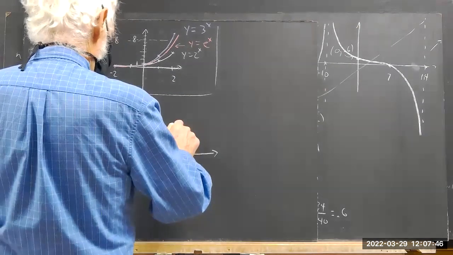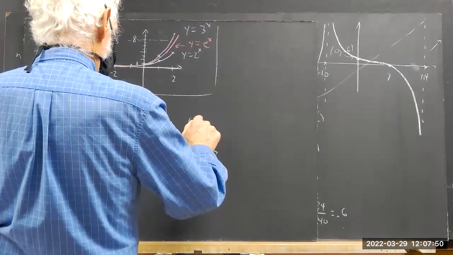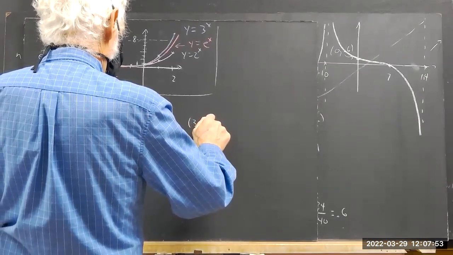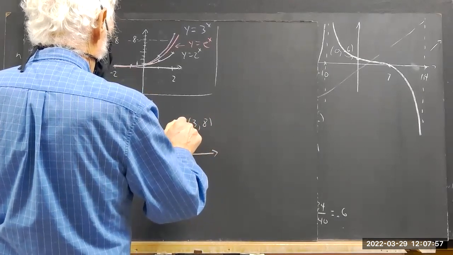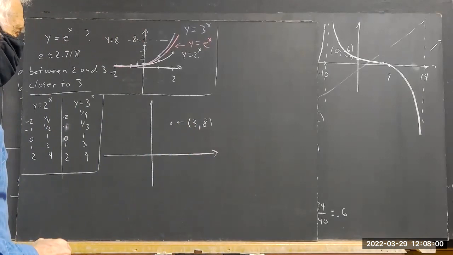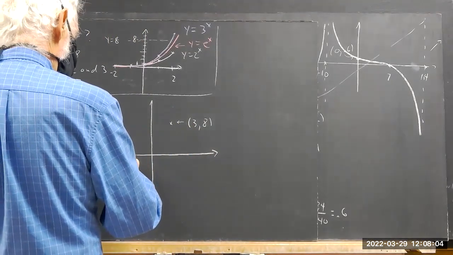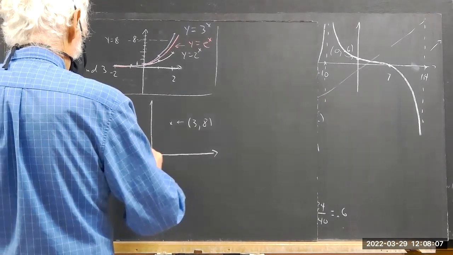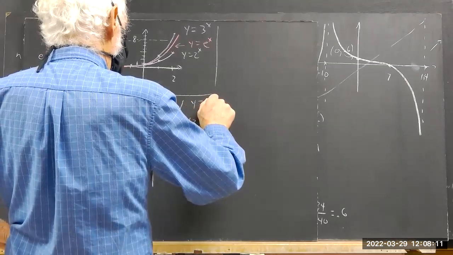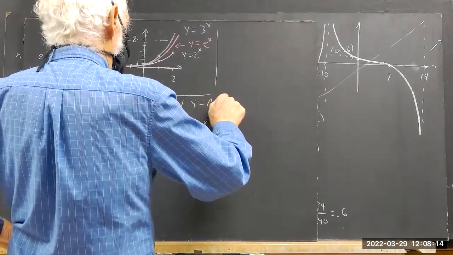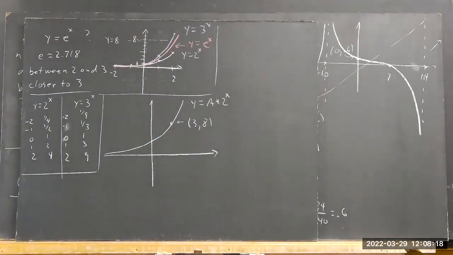Let's say you have now the point on the graph of an exponential function y equals a times 2 to the x.